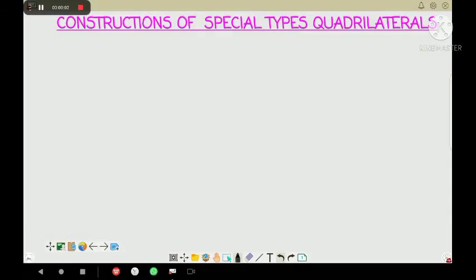Hello everyone. Today I am going to teach you the construction of special types of quadrilateral. Here, special types of quadrilateral means the quadrilaterals that have some special properties of their own.